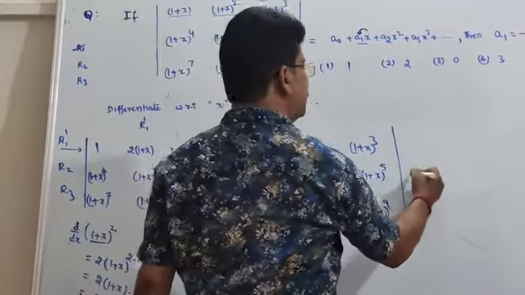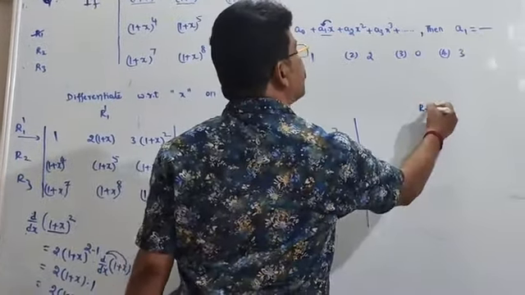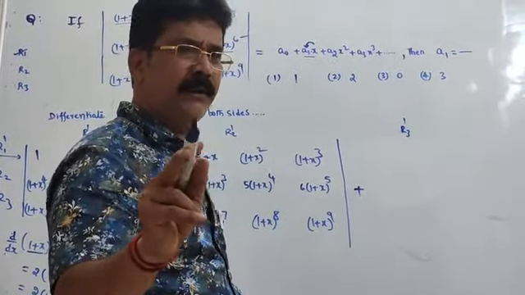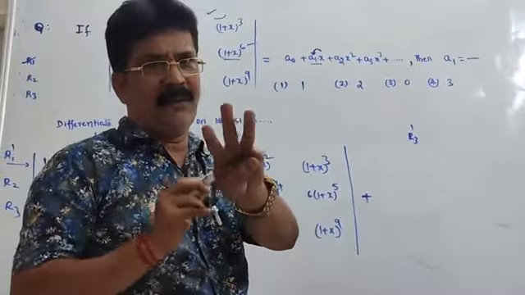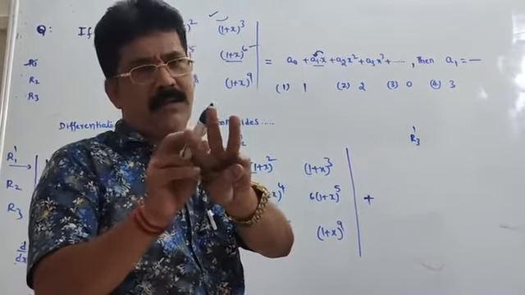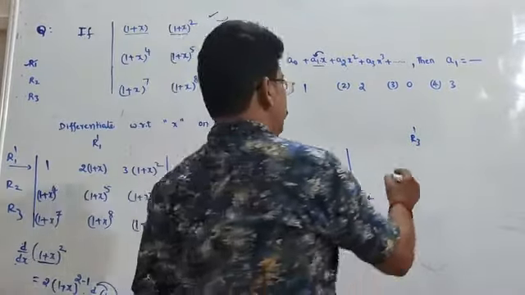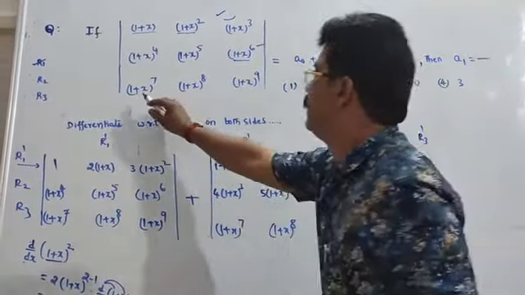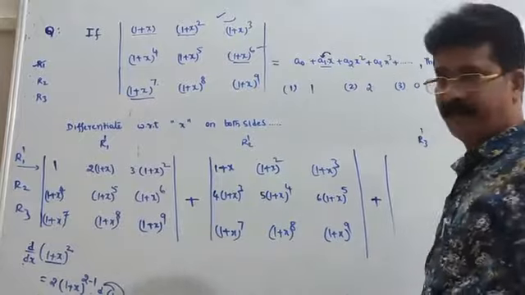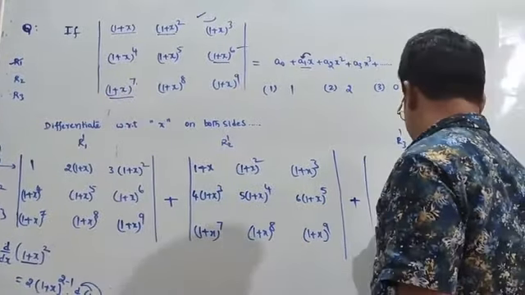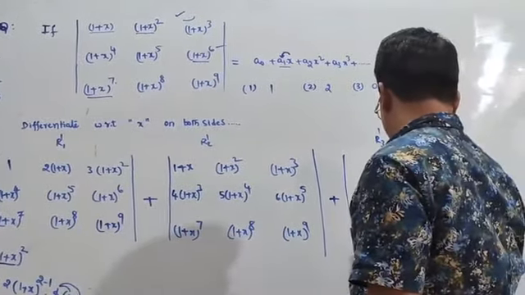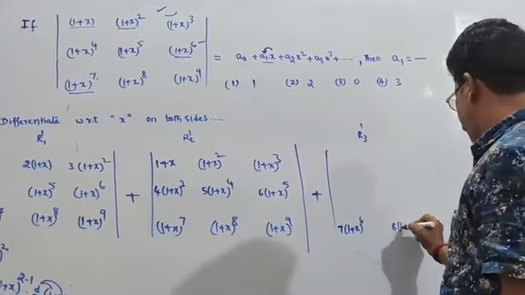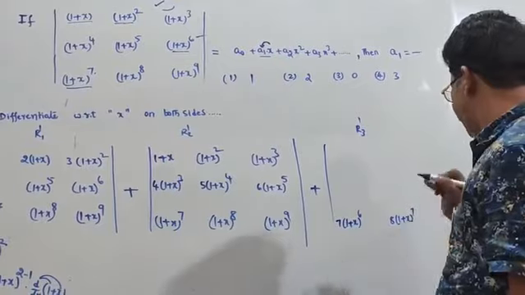Next time plus R3 dash, means differentiate R3. What about R1, R2? Keep the same. So differentiation of R3, differentiation of (1 plus x) whole power 7: so 7 into (1 plus x) power 6. Next 8, (1 plus x) power 7.